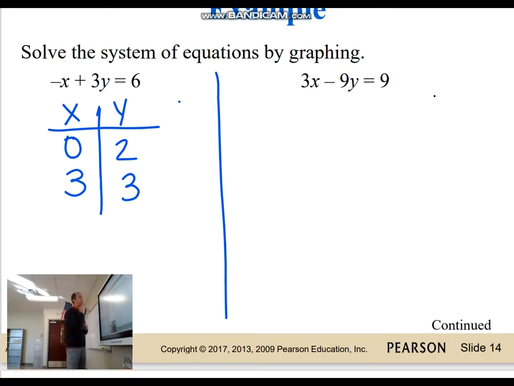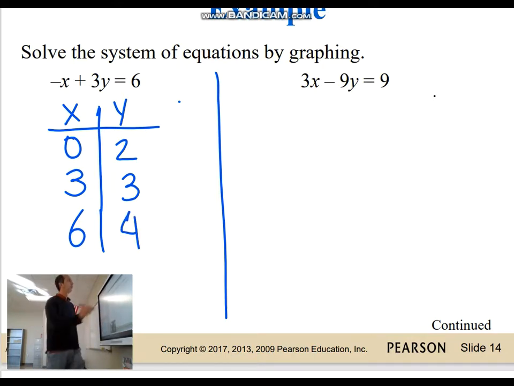And let's also make x equals 6. I'm trying to find integer values, because integers are easier to plot on the graph. Negative 6 moves to the other side and is 12, 3y equals 12, and then y equals 4.